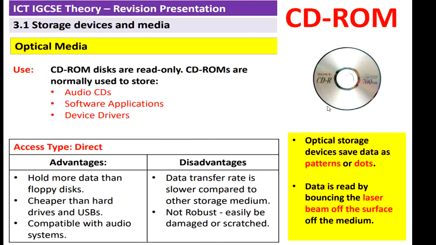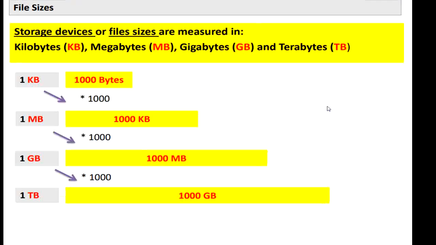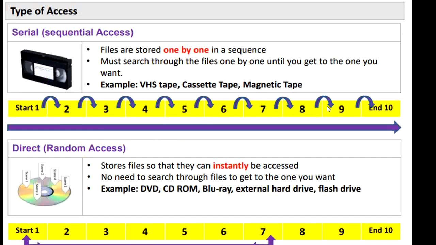here we're having the access type, or how the device will access the information. Here we have the sequential access and here we have the random access. The difference between sequential access and random access: sequential, we need to move step by step.